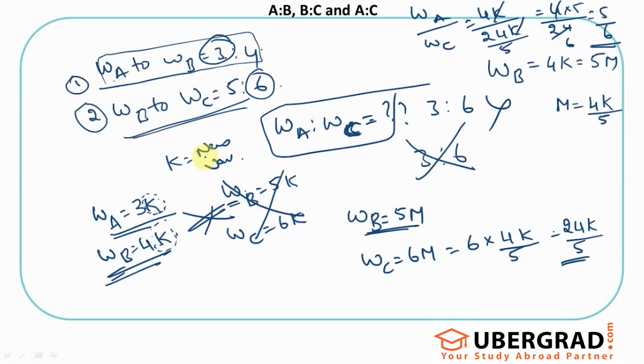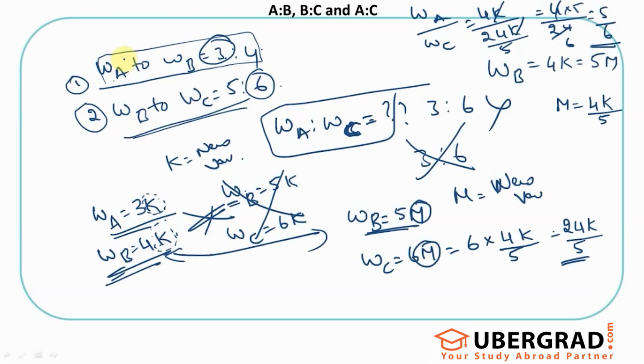I cannot use the same variable for a different ratio again. For WB to WC, I have to use another variable, m or something like n, l, x, y, whatever variable you want to take. And then, based on the given clues, I can connect and get some information.